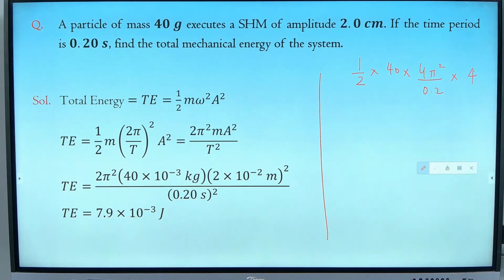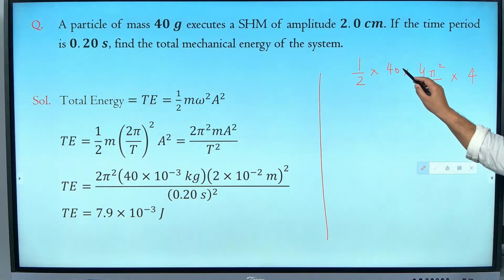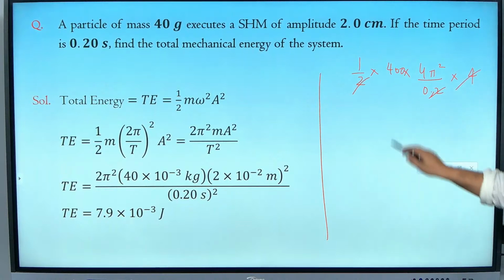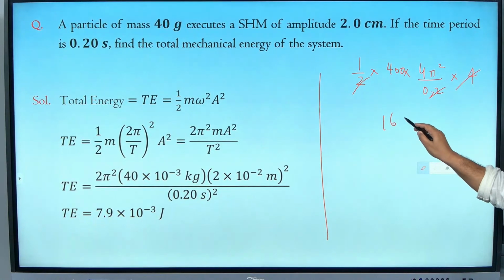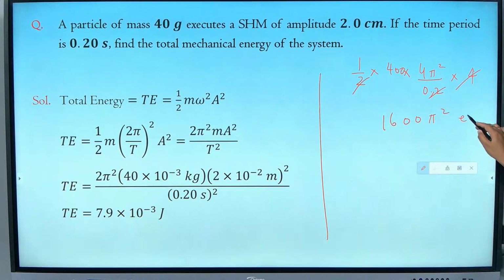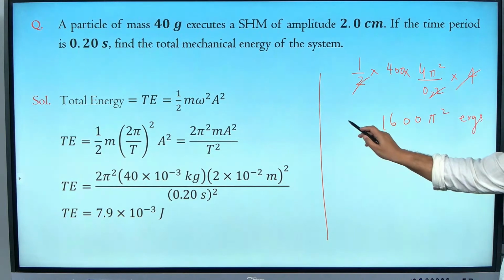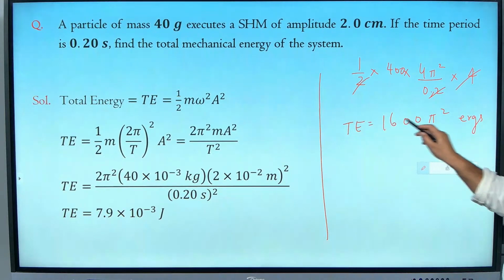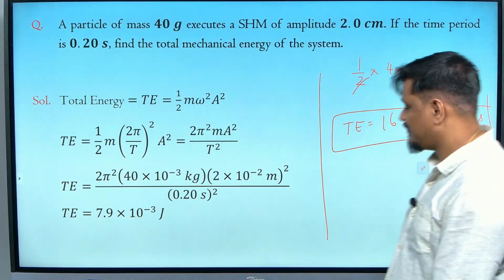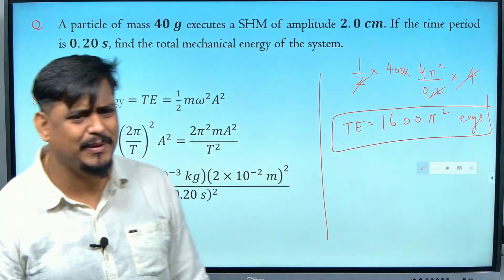So 1 0 will come, and this 2 and 2 is 4, it will cancel. So I am going to have 1600 pi square ergs. Total energy is this much. Omega square is 100. Got it? Simple question.